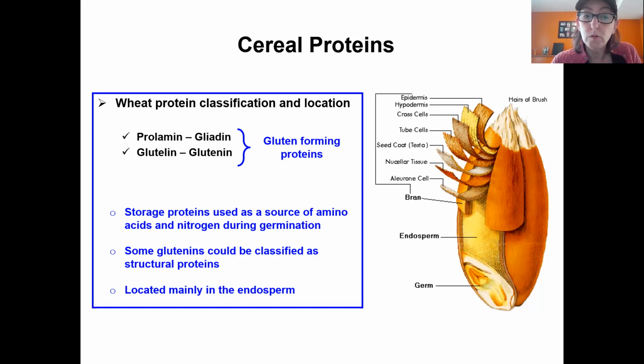So these are storage proteins used as sources of amino acid and nitrogen during germination. Some of the glutenins, due to the high molecular weight polymeric proteins, can be referred to as structural proteins, and they're mostly present in the endosperm.